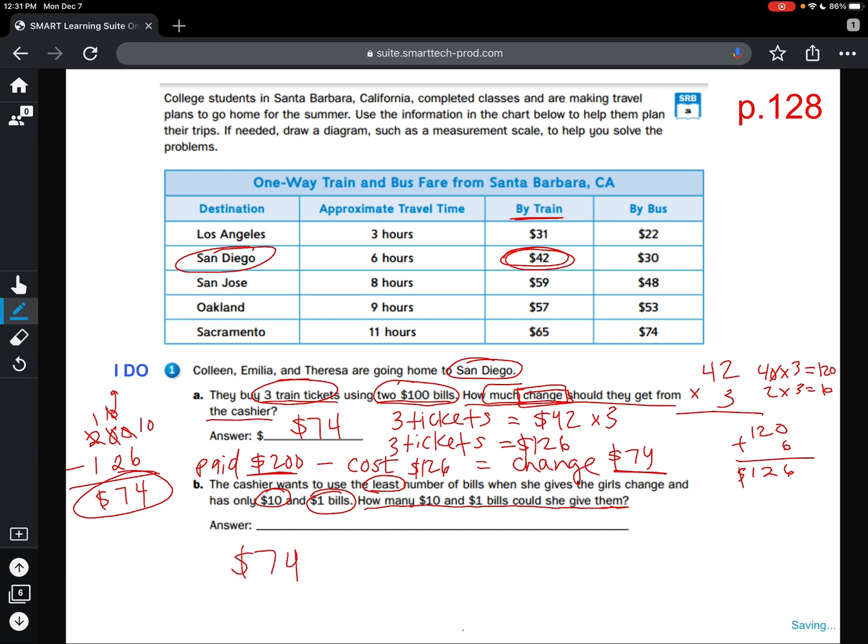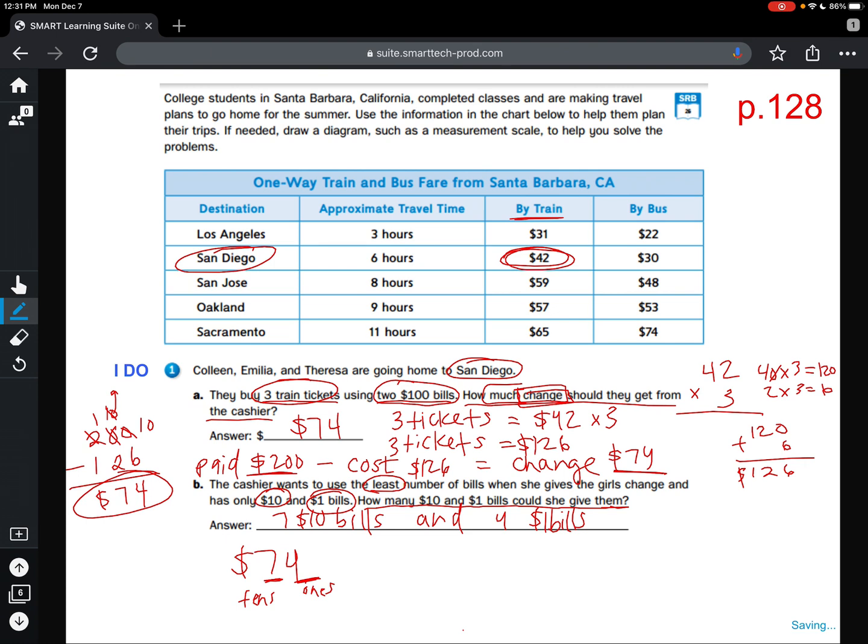So the easiest way for us to do this is to break down the number 74 into tens and ones. So if this is my tens and this is my ones, how many tens are there in 74? There's 7, so she would do 7 $10 bills. And how many ones? And 4 $1 bills.